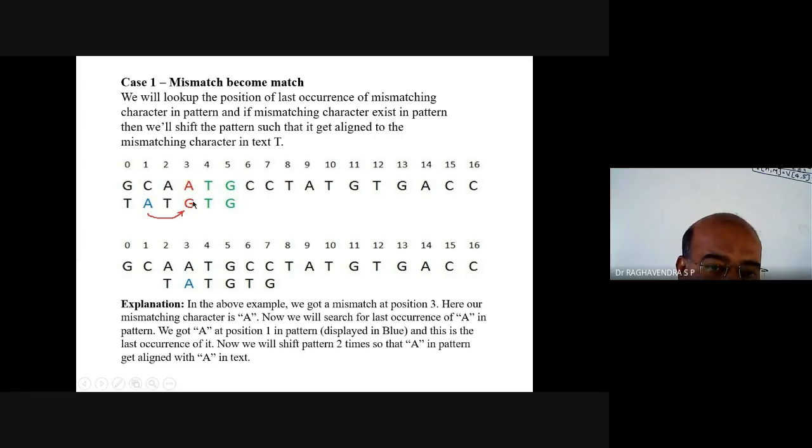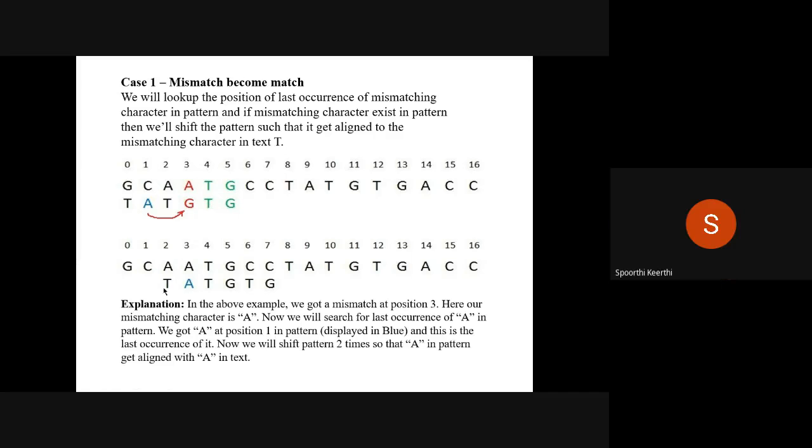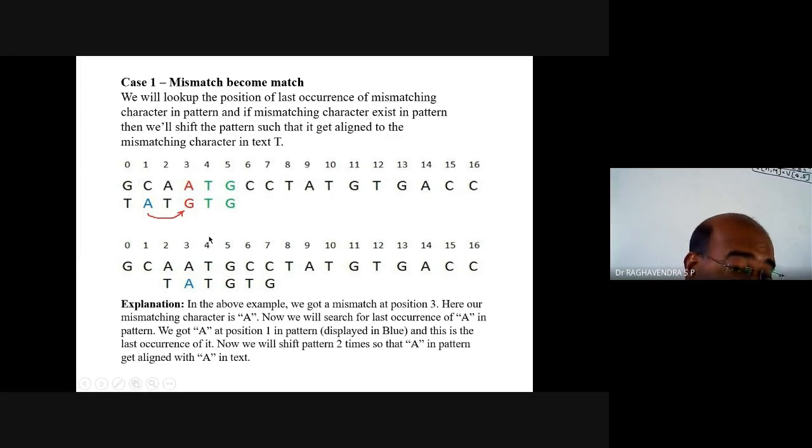So that we encounter the character G. And this G is aligned with the character A in the text. Is there a match? No, there is a mismatch. Whenever a mismatch occurs, we have to search for the occurrence of this character A in the pattern. Where is it present?